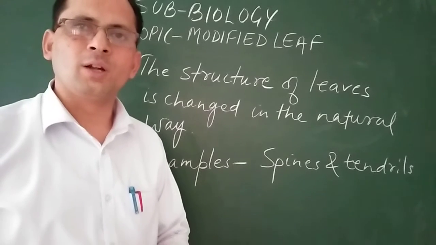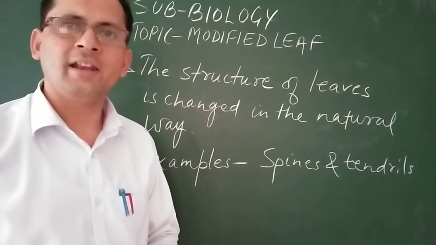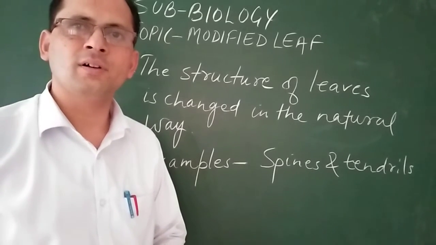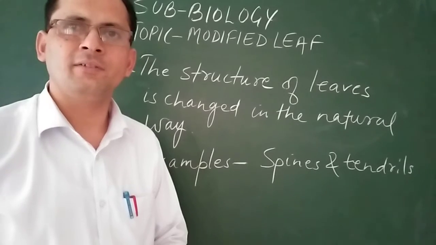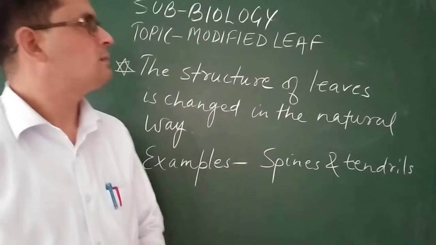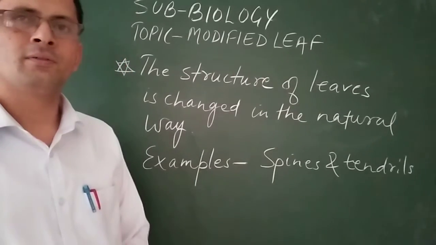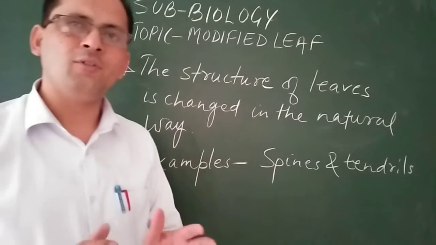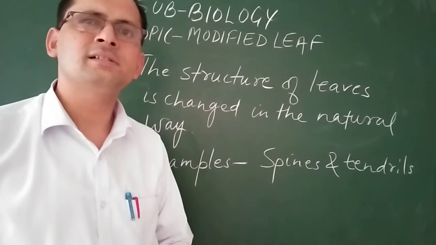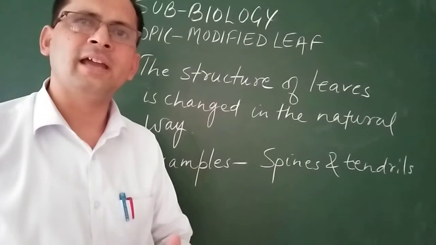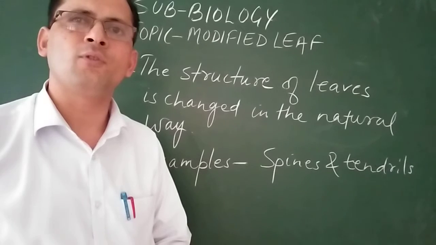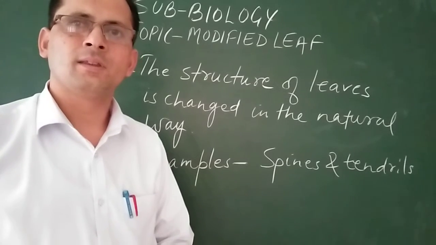Today we are going to discuss a very important topic from our first chapter, that is plant life, and the topic is modified leaf. Have you ever seen some plants in which the leaves have been changed into some other form naturally?